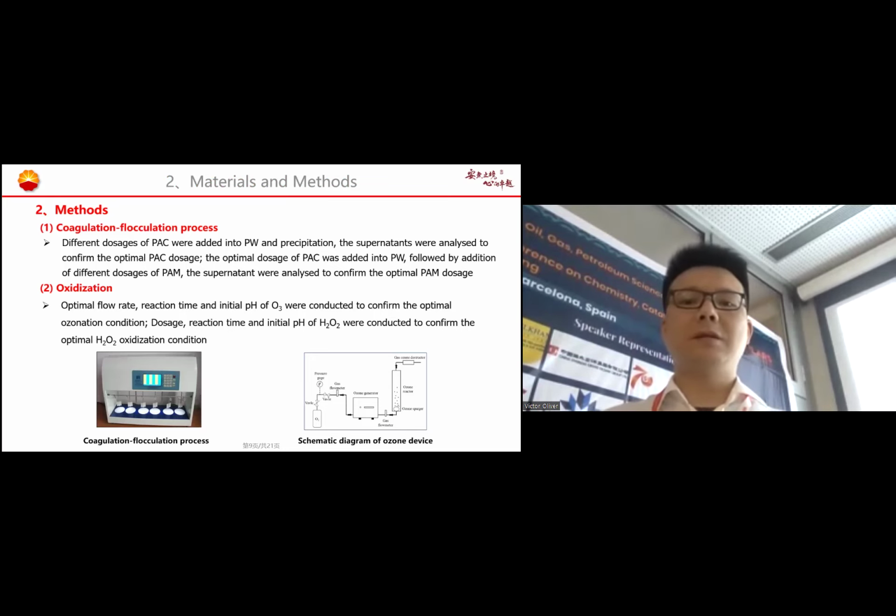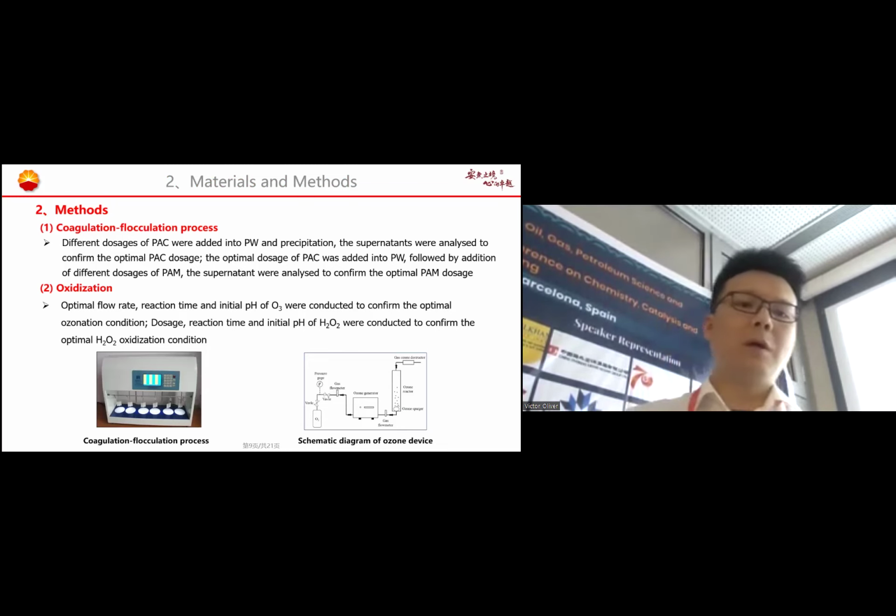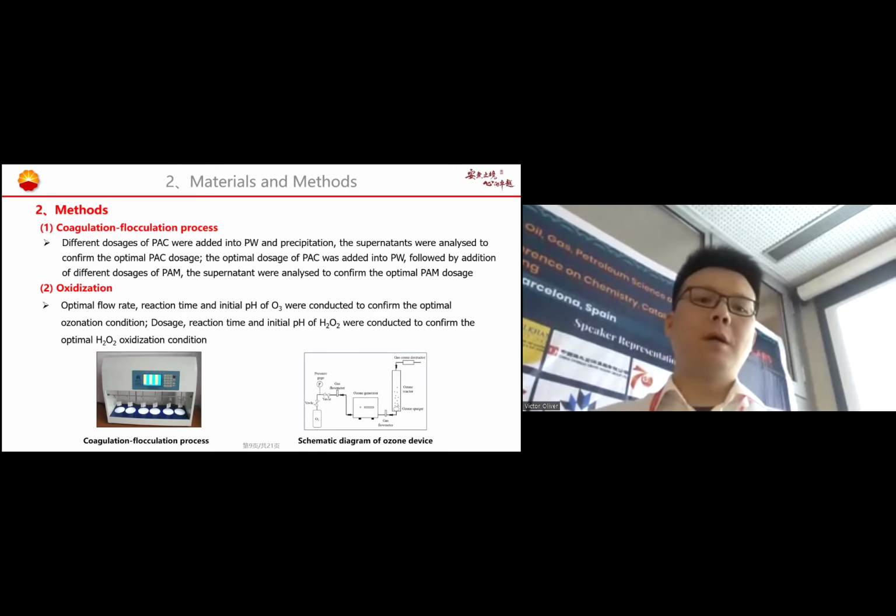Then the supernatants were analyzed to confirm the optimal PAM dosage. During the ozonation, the optimal flow rate, reaction time, and initial pH of ozone were tested to confirm the optimal ozonation condition. Similarly, the dosage, reaction time, and initial pH of hydrogen peroxide were tested to confirm the optimal hydrogen peroxide oxidation condition.